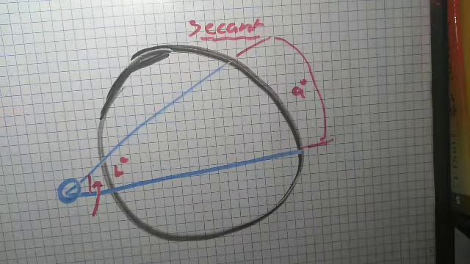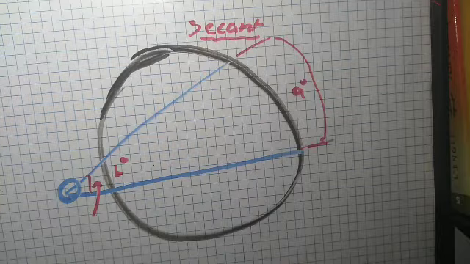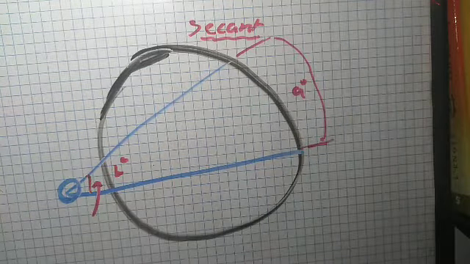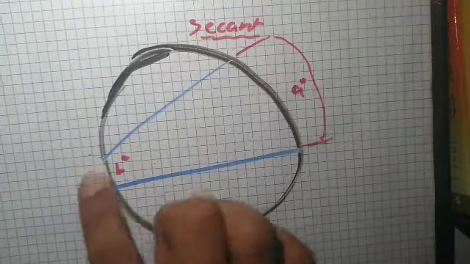So how do we figure this out? Like we've done in previous examples, we're going to be using 180 degrees, and to do that, we need a straight line and a triangle. For the sake of time, let's just back it up a little bit.